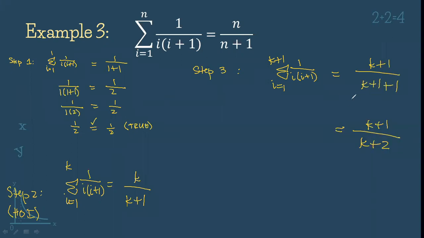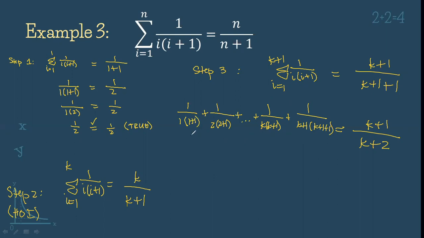So, ito pong part na to, kaya po natin siyang ma-rewrite as 1 over 1 times 1 plus 1 plus 1 over 2 times 2 plus 1 hanggang po makarating tayo kay 1 over k times k plus 1 hanggang kay 1 over k plus 1 times k plus 1 plus 1.